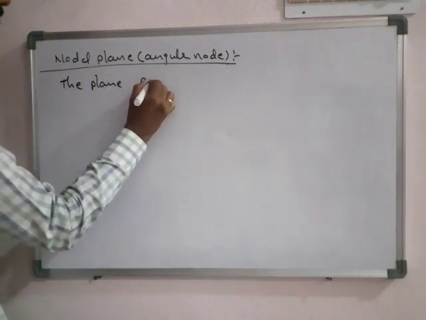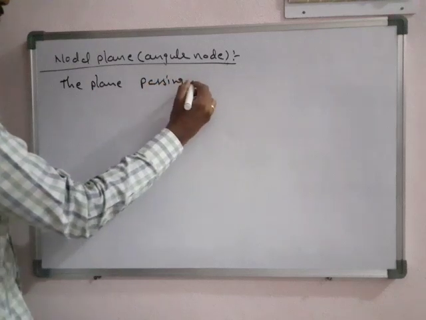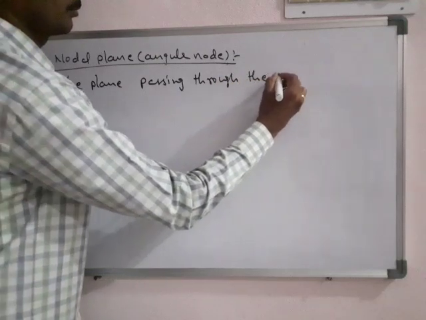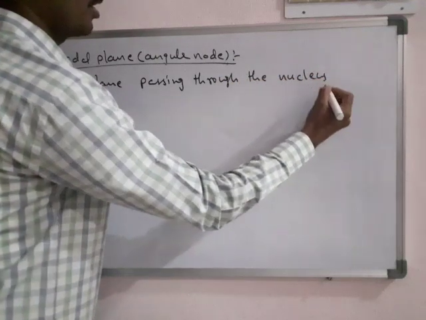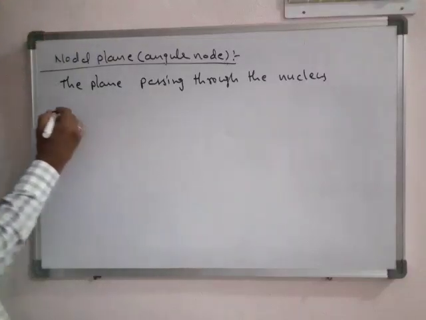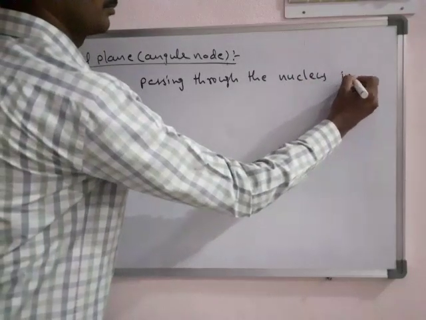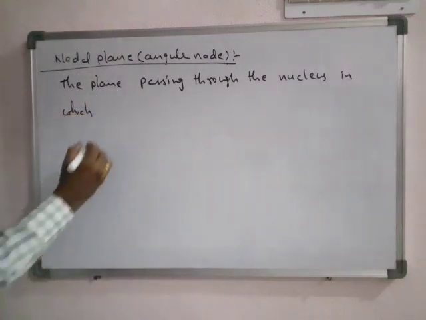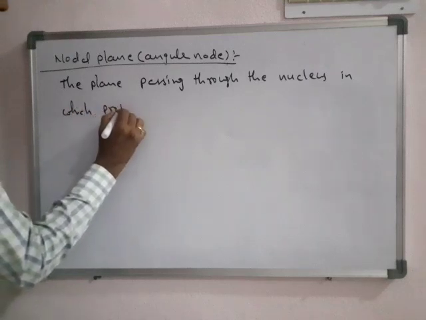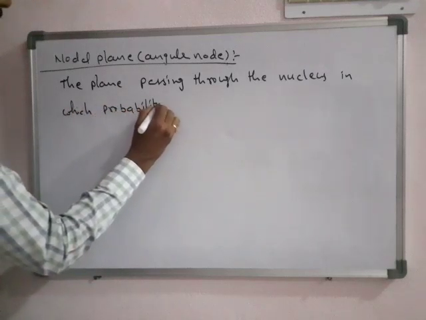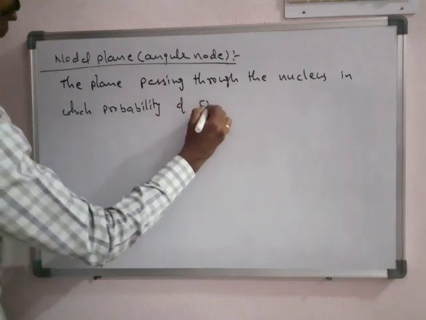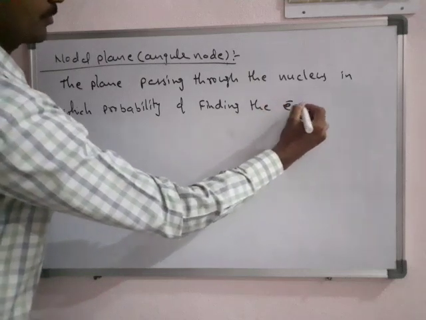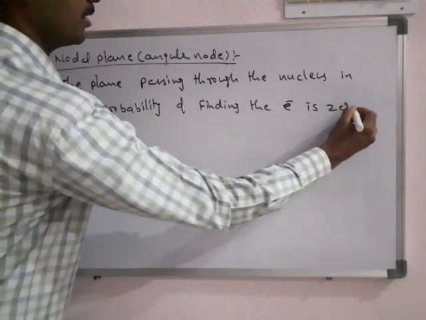Okay, so what is the nodal plane? The plane passing through the nucleus in which the probability of finding the electron is 0.